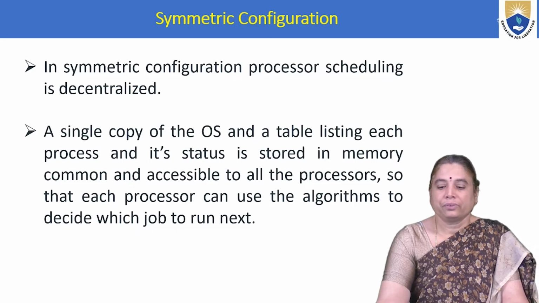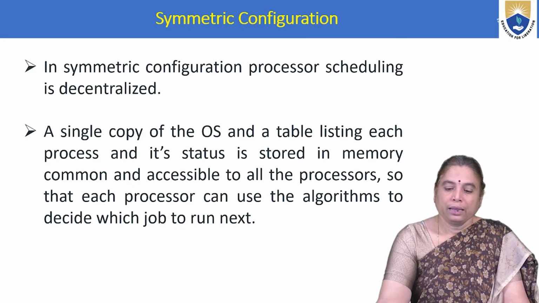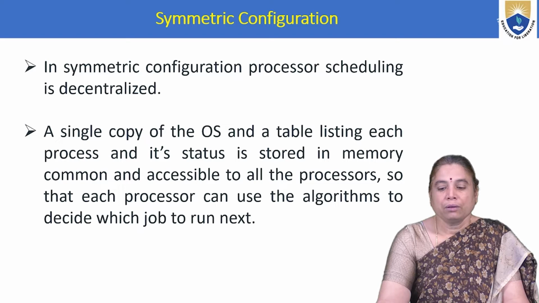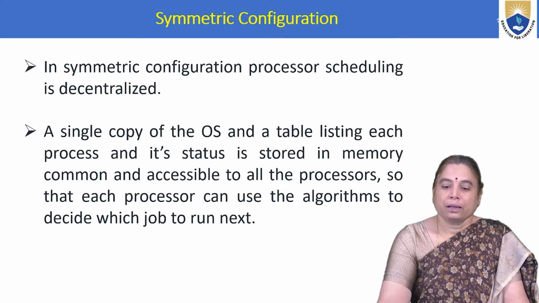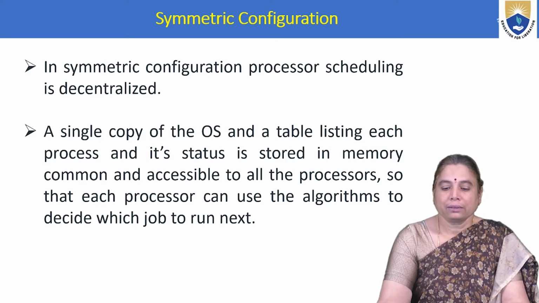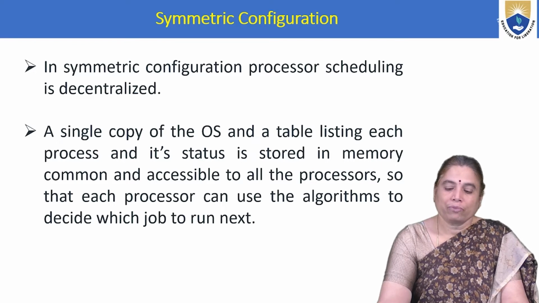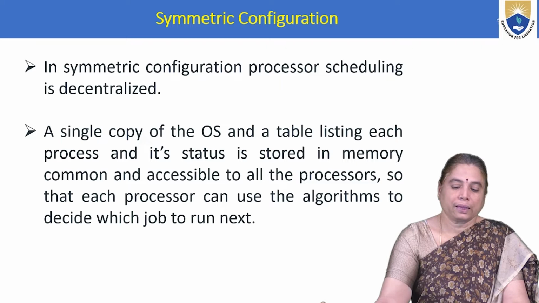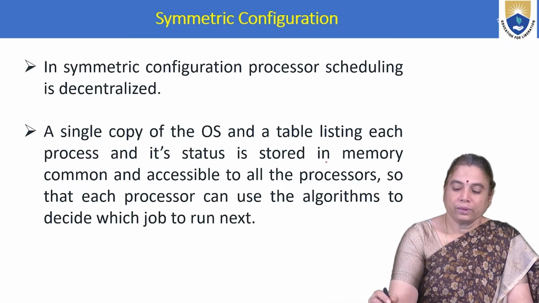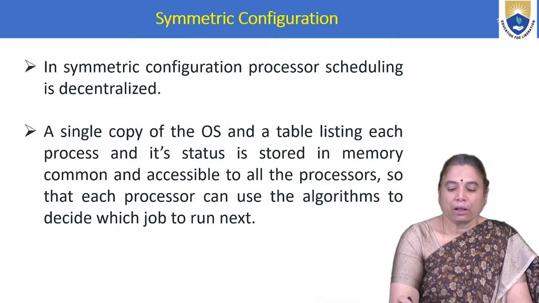Next one is the symmetric configuration. In the symmetric configuration, processor scheduling is decentralized, so a distributed environment can be configured in the system. A single copy of the operating system and a table listing each process and its status is stored in memory, common and accessible to all processors.